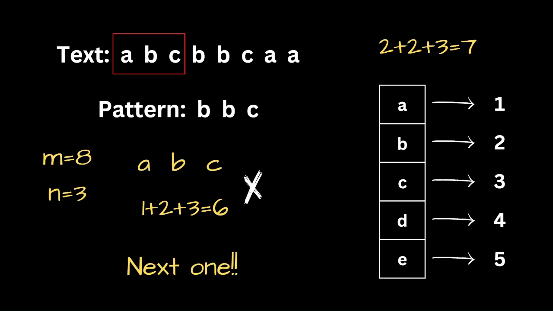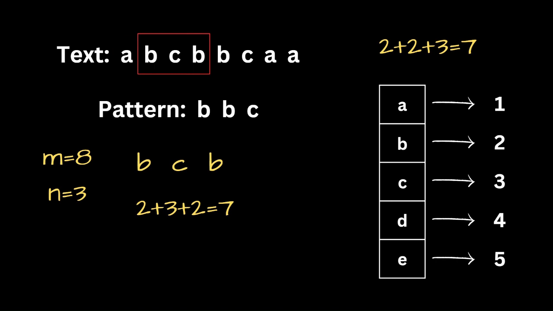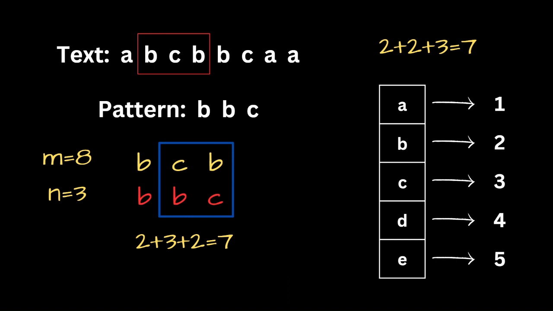So we move on to the next one, BCB. This BCB, after calculating the hash function, gives us the same result as the hash value of the pattern, which is 7. So now let's compare every alphabet of the substring to the pattern. As you can see, this definitely does not match.